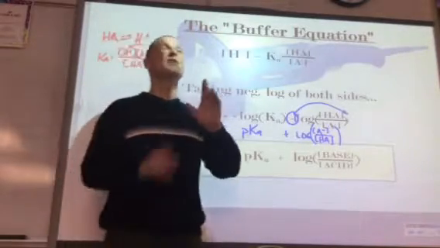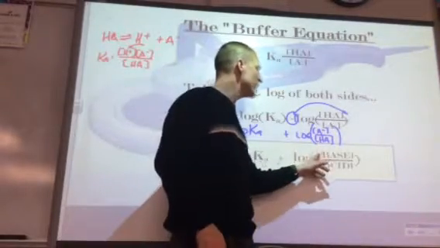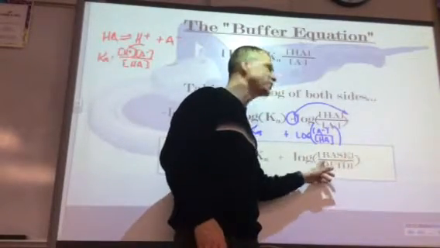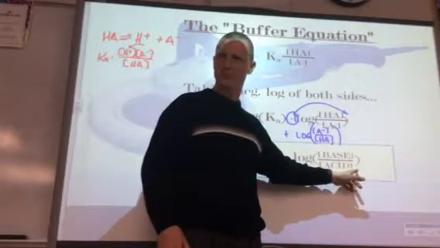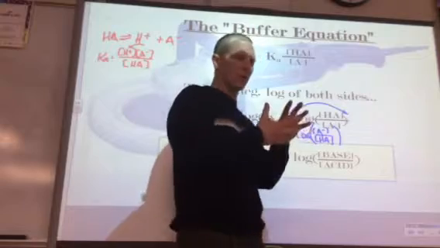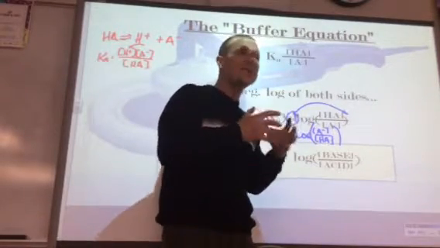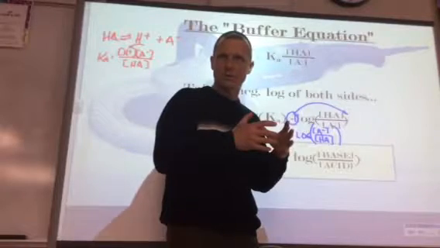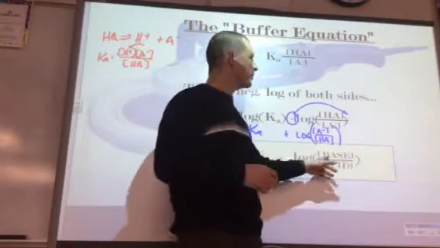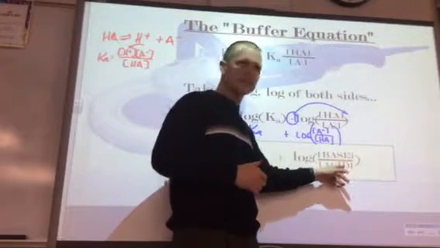But check this out. This is going to make your math even easier. You see how I have the log of the ratio of the concentrations? See, I got the molarity brackets in there. This is the buffer components, the acid and its conjugate base. They're in the same solution. They have the same volume. So remember, molarity is moles per liter. The liter of this and the liter of that are the same.